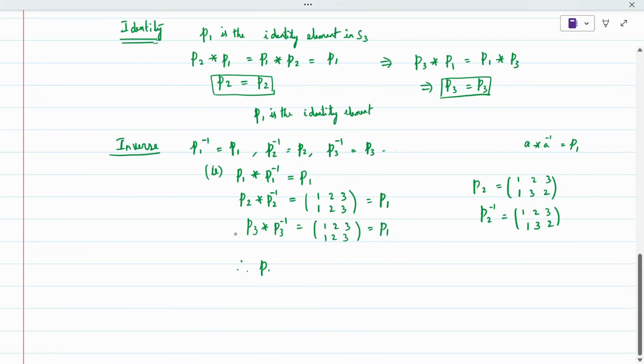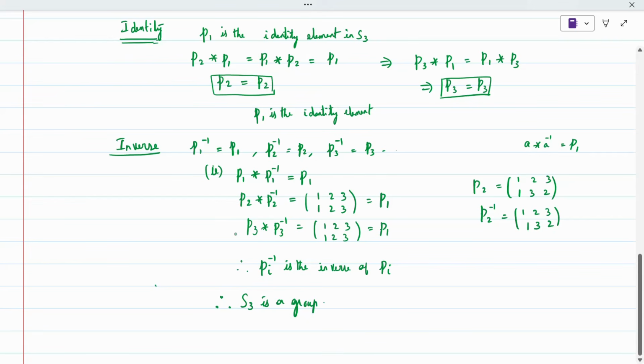Therefore, Pi inverse is the inverse of each element Pi. So therefore, S3 is a group. We have proved it is a group.